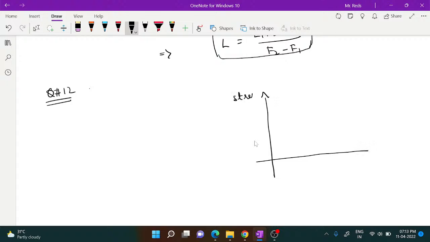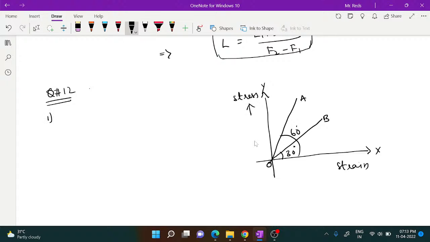Stress is given on the y-axis, and strain on the x-axis. Two graphs are looking like this: this is A, and this is B, right? This angle is 30 degrees, and this angle is 60 degrees, right?